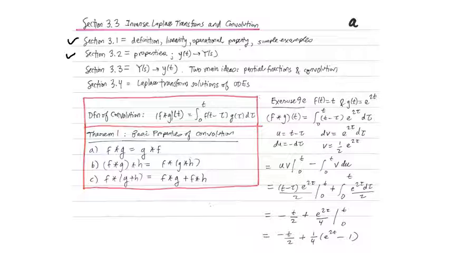In this section, section 3.3, the main idea is going back from a known function of s to a function of t that has that function of s as its transform. There's two main ideas here.